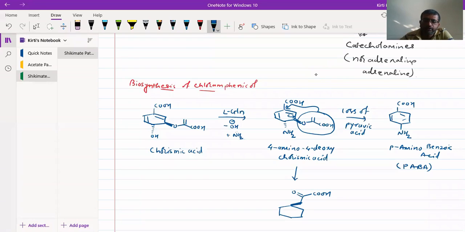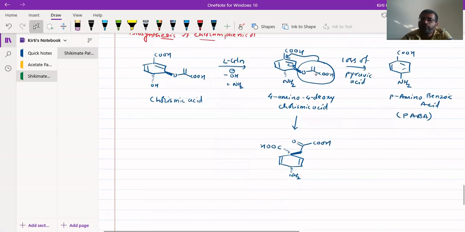COOH, and here we will have a COOH, we will have a double bond here and a double bond here and NH2 over here. So prephenic acid से यहाँ पर हमें क्या है, we have a 4-deoxy 4-amino prephenic acid.